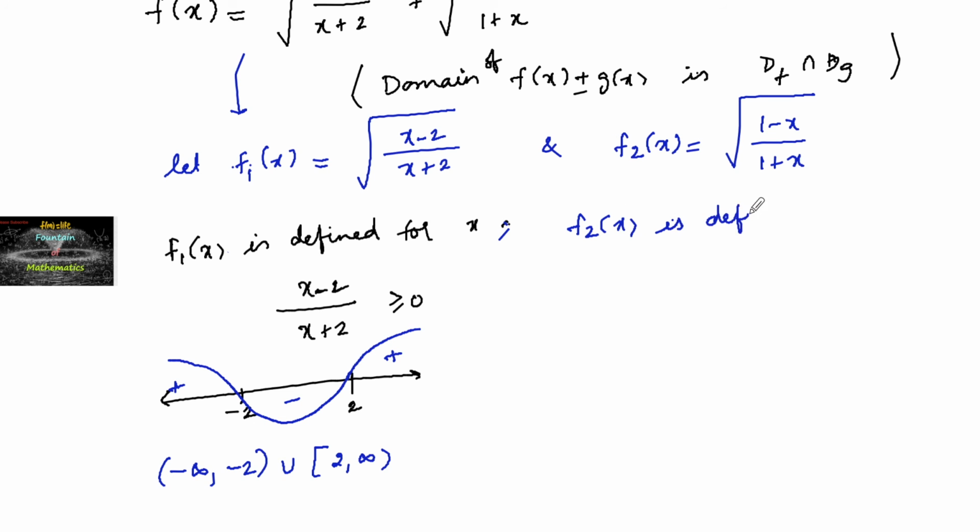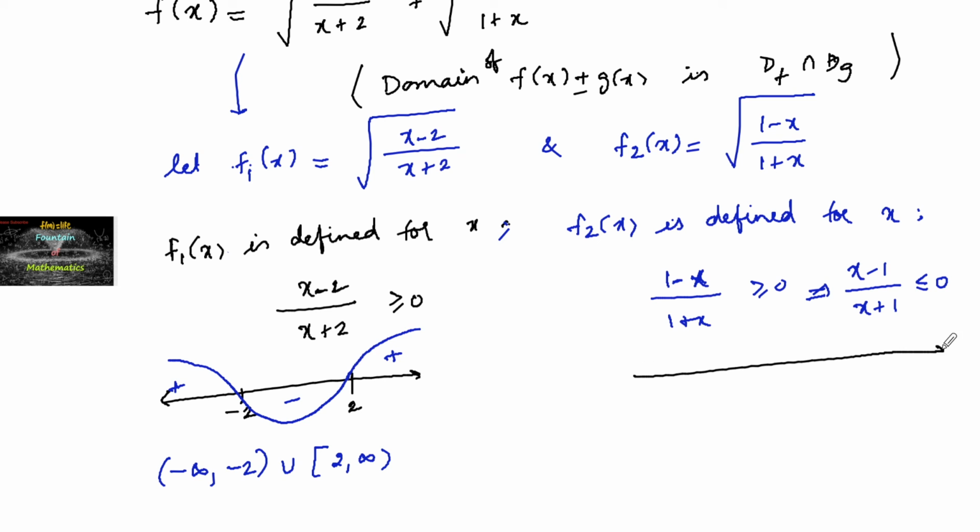f2 of x is defined for the second function for x such that (1 minus x) upon (1 plus x) should be greater than or equal to 0, or this can also be written as (x minus 1) upon (x plus 1), taking minus common, so the inequality changes to less than or equal to 0.